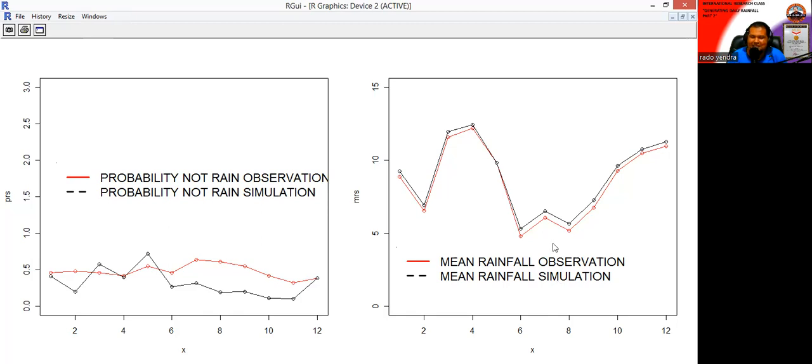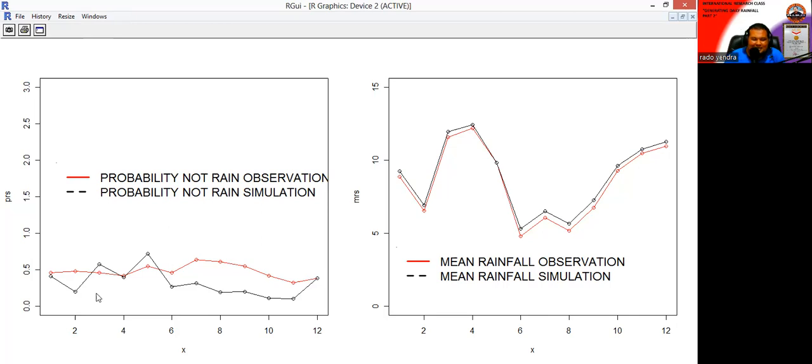You can check here. January, February, March, April until December, all the mean rainfall from the simulation very successfully captures the real data. But it's different with the probability of no rainfall.